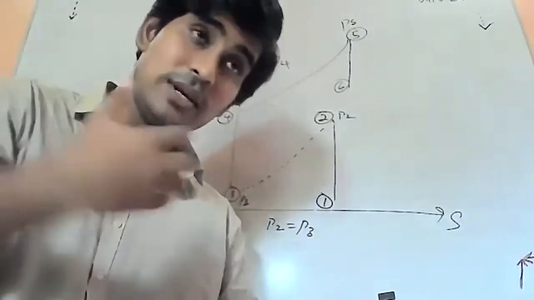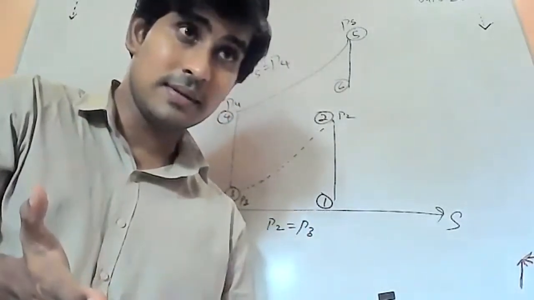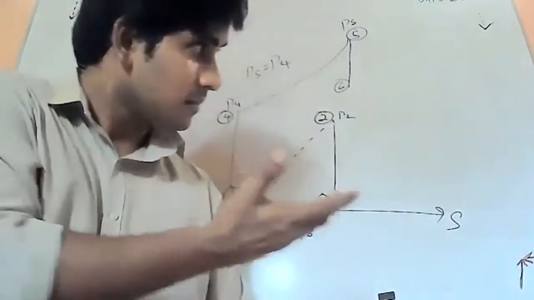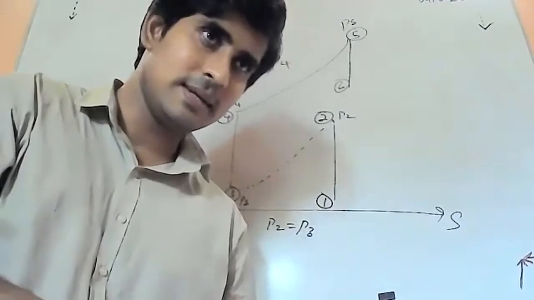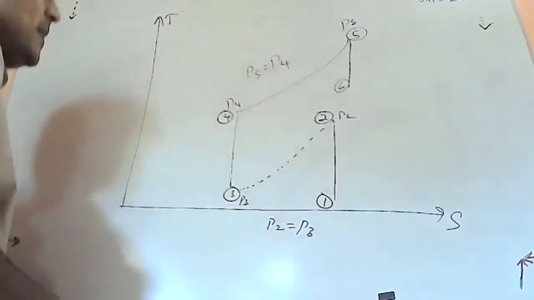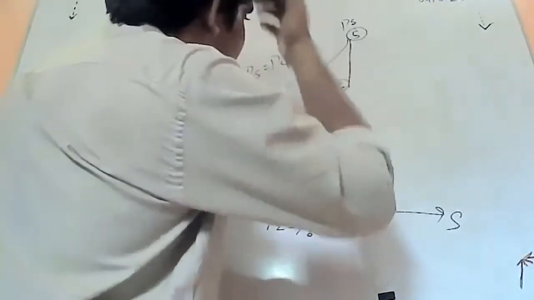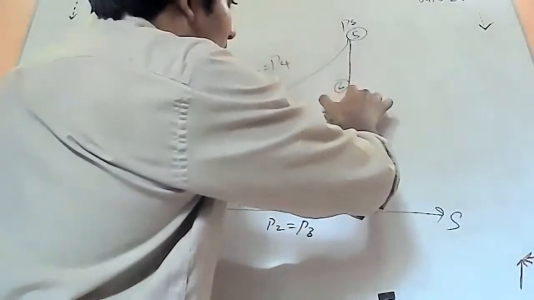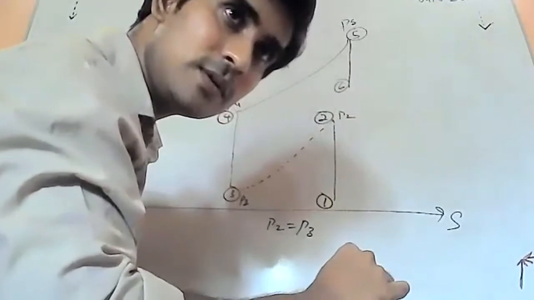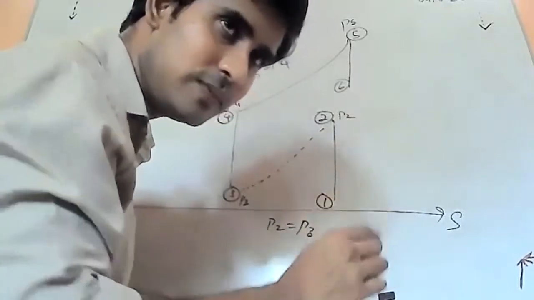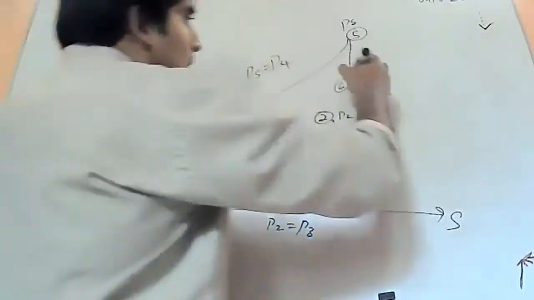So we need to heat it back, because we need to reheat. So this position 6 is the input to the reheater, because I told you we are going to heat it back.